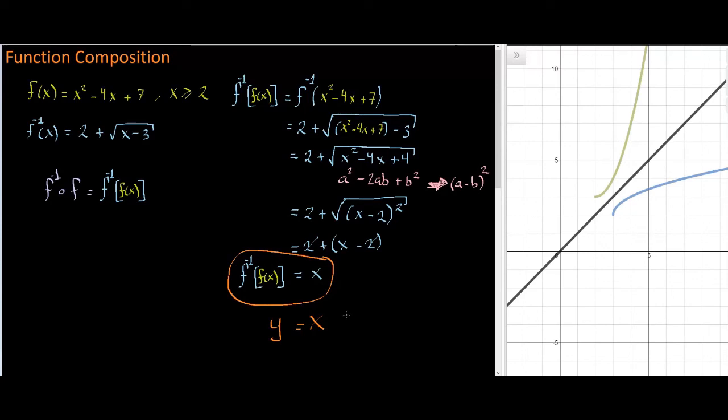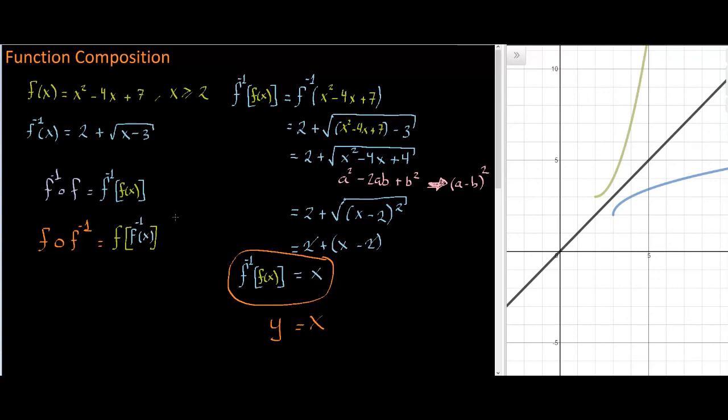So let's try to think it through, and I encourage you to try on your own f composed of f inverse, which would be the exact inverse operation of what we just did: f of f inverse of x.